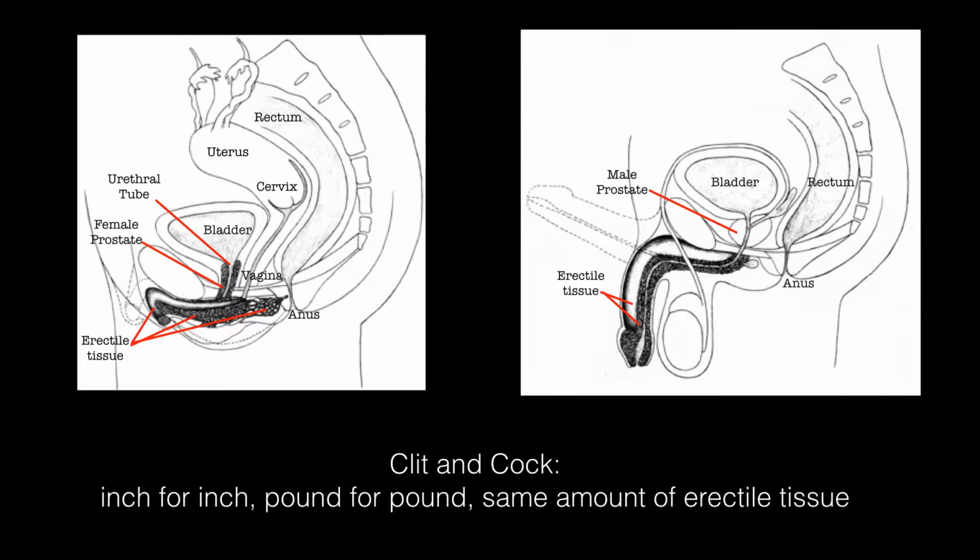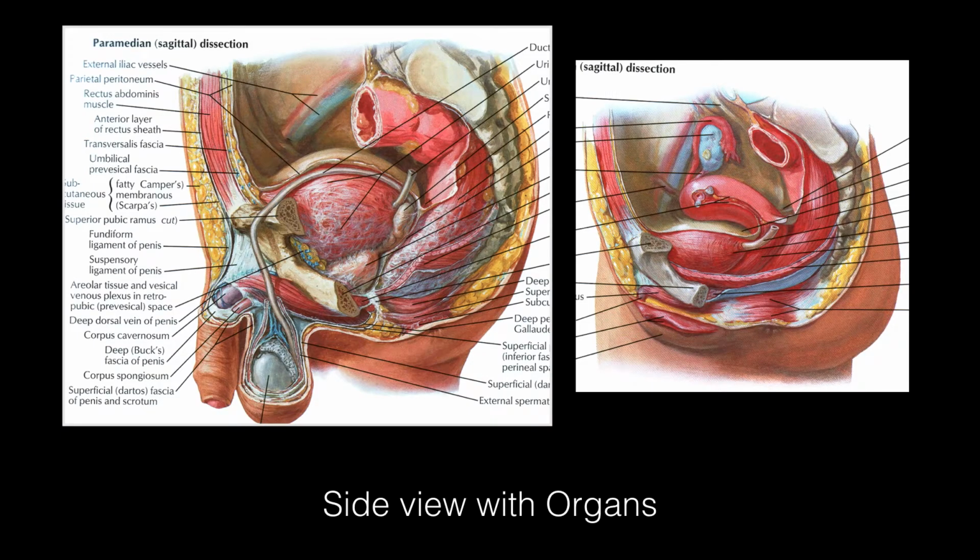On the left-hand side, you can see that is the clitoris, inside the inner lips, around the urethral sponge and the perineal sponge. And on the right-hand side, you can see that it is the bottom part of the shaft of the cock, as well as the top part of the shaft of the cock. We're going to get into more detail as we go.